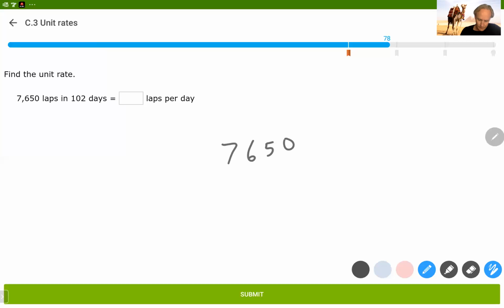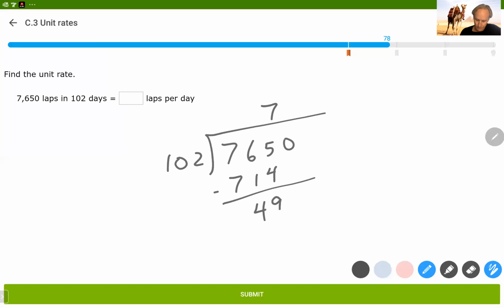$7,650 divided by 102. Definitely looks like 7 is going in there. That's 714. When we subtract, we're going to get 49. Is that right? Yeah. 102 into 490.